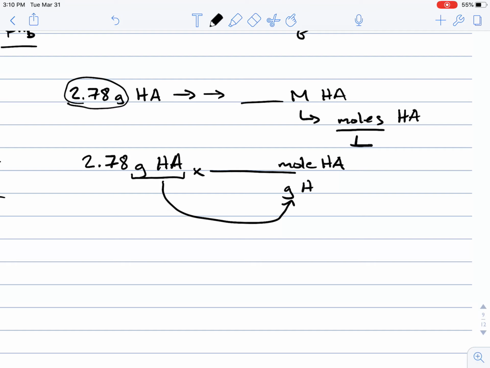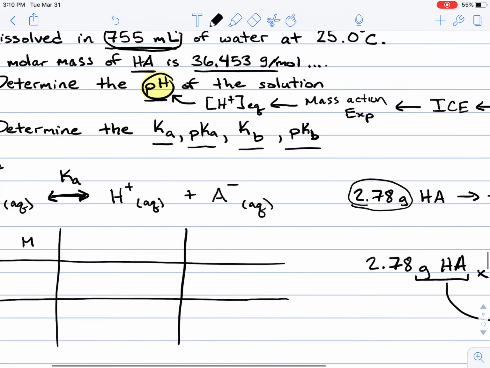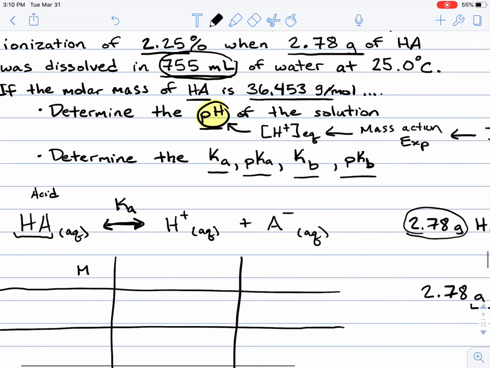So grams of HA is going to be placed underneath. And so whenever you guys have moles and grams or grams and moles, that should remind you of your molar mass. And so in this case, the molar mass is 36.453 grams per mole. So let me just highlight this.